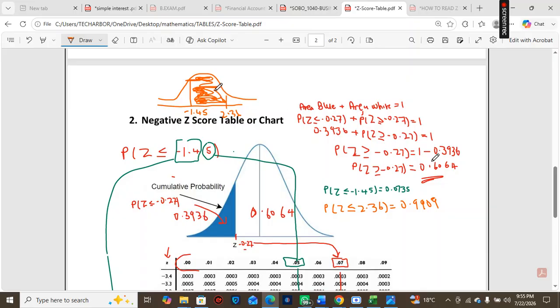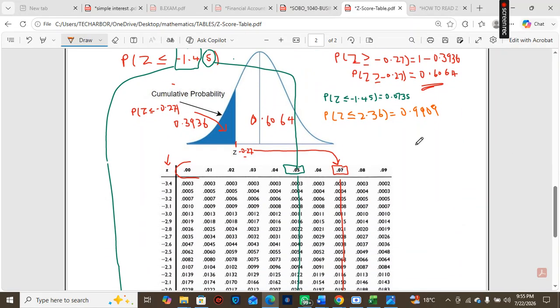So when the question asks for the probability that Z is between negative 1.45 and 2.36, what you write is that it equals the probability that Z is less than or equal to 2.36.